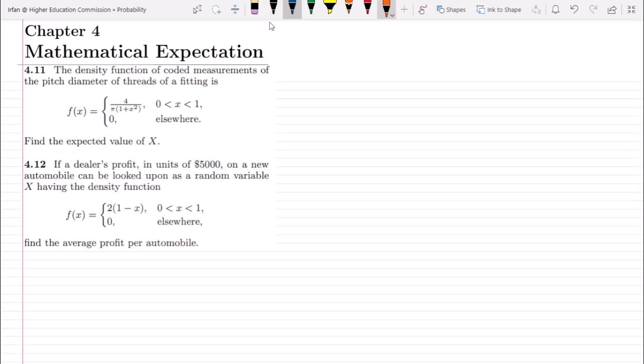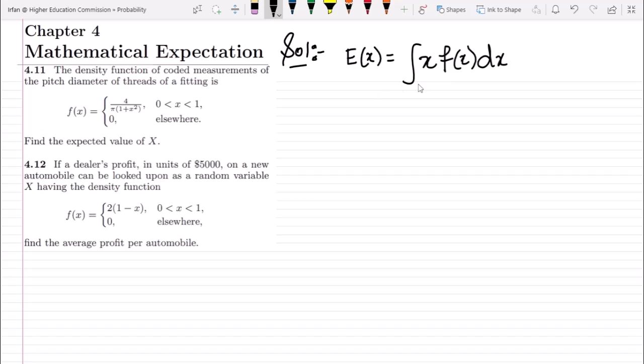In solving it, we have previously seen the formula for the mathematical expectation. As we can see, this is a continuous random variable, so the expected value of x would be found by integrating: multiplying x by the value of the density function, and then we will get the output. That is the formula we will be using. Here you can see that instead of the discrete operator, we are using the continuous operator, which is integration.